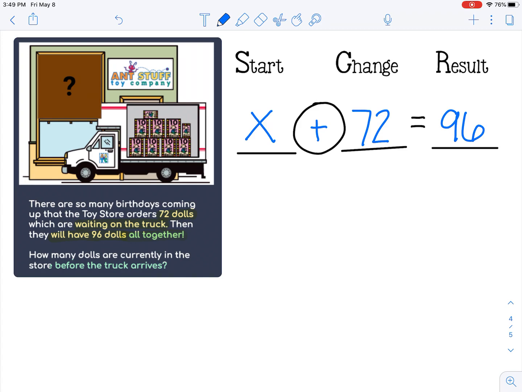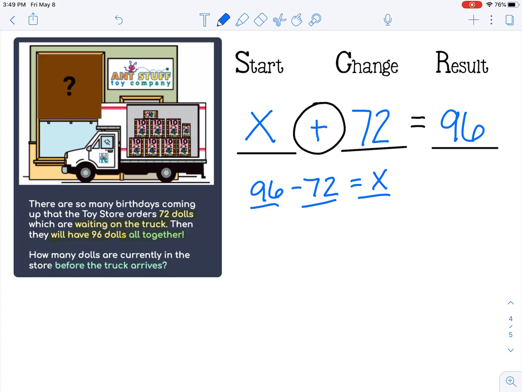Now, how you figure this out could be very different. There are a couple ways. The first way is I just want to work backward. I know that if I started with an amount that I'm not sure how much that is yet, then added on 72 and got 96, I can then start with 96 and take away 72, and that will give me that beginning answer. Now, some of you might think, well, why isn't this the equation that matches the problem?